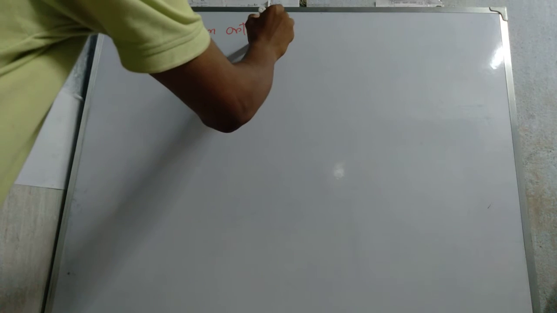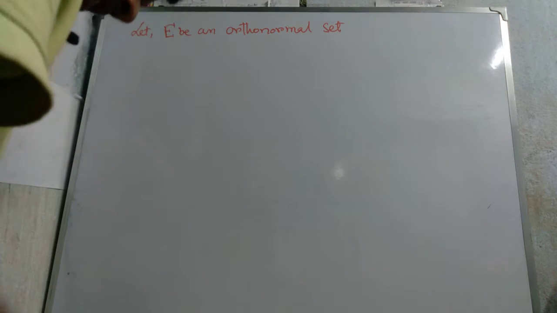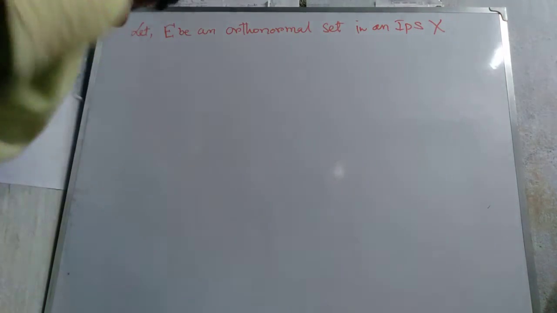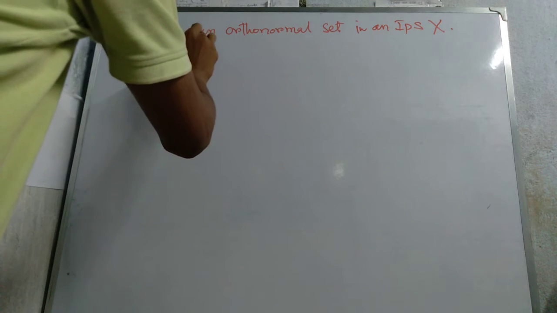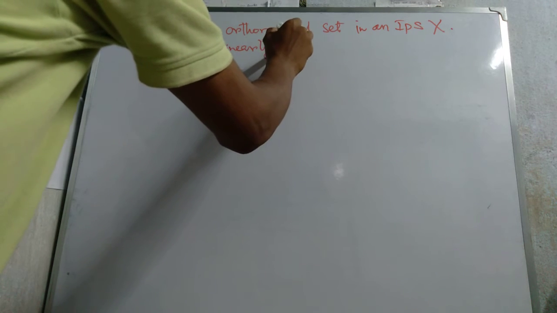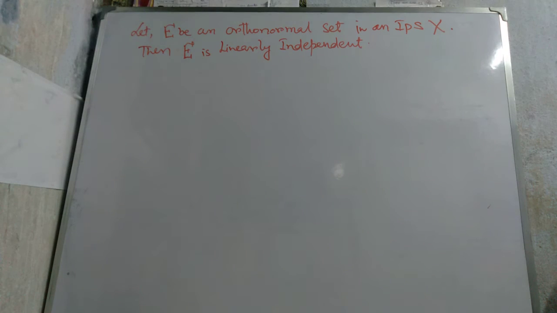Let E be an orthonormal set in an inner product space X, then E is linearly independent.